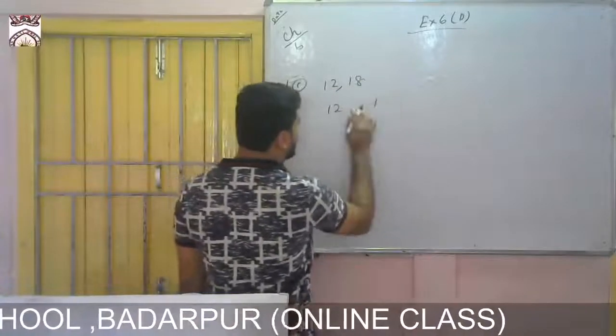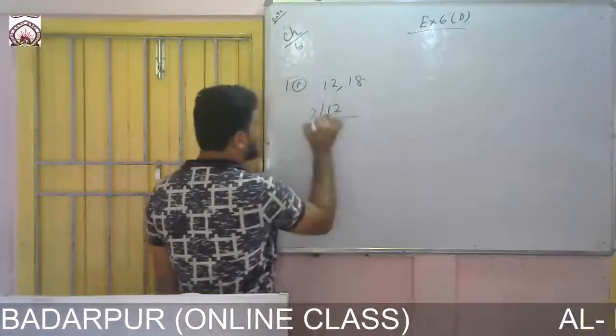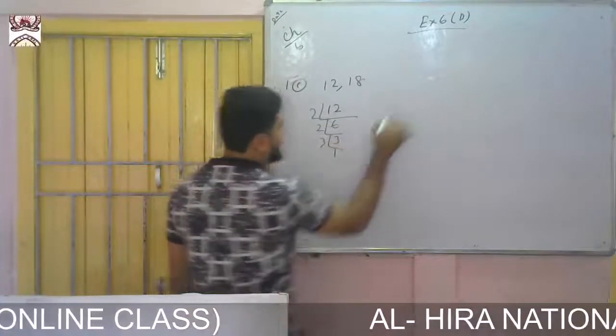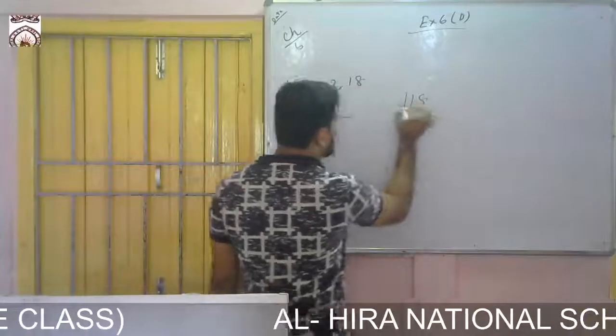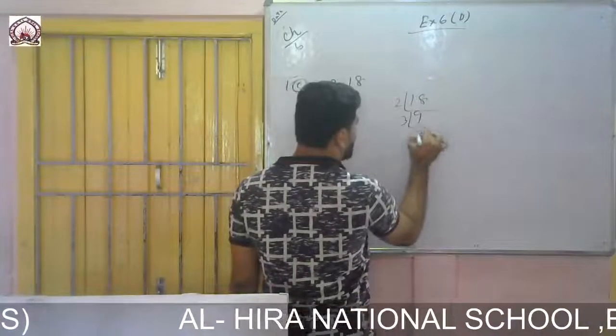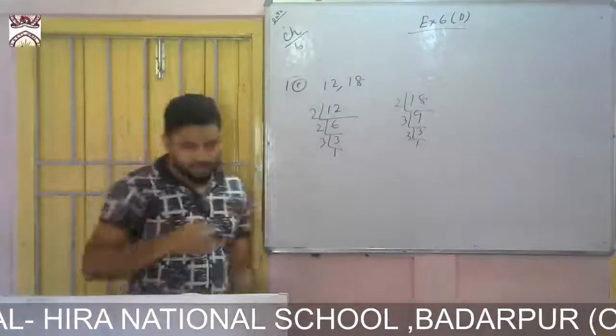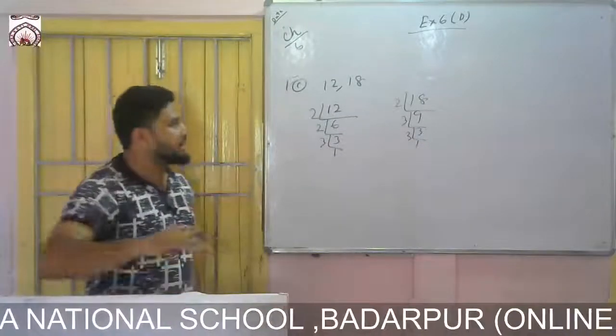For 12 and 18 you see, 2 sixes are 12, 2 threes are 6, 3 ones are 3. For 18, 2 nines are 18, 3 threes are 9, 3 ones are 3. Until you get 1 you go on continuing the division.